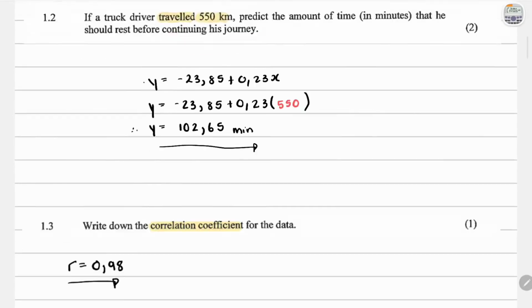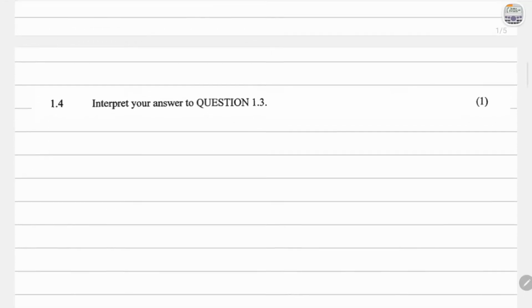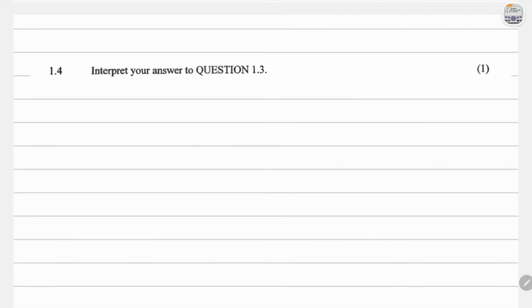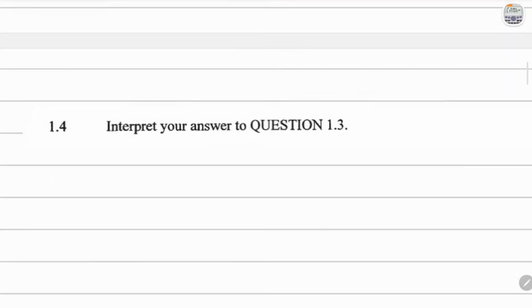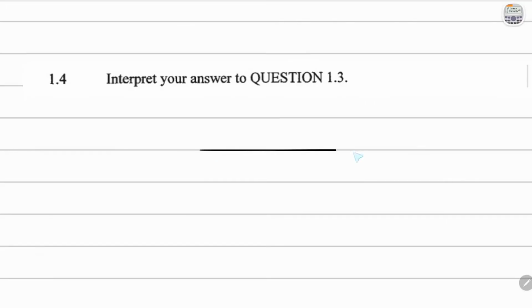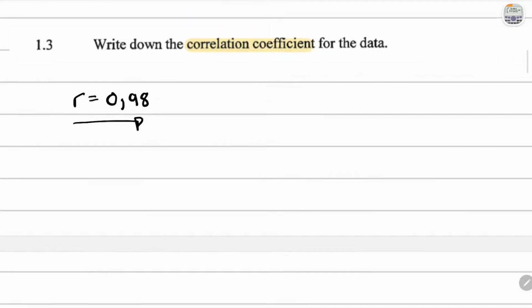But based on the correlation coefficient, we're going to have to comment on this. So we're going to comment on the strength and the direction of the data. So because it is 0.98, that is quite close to 1, okay, and it's past 0.9. So it suggests that this is going to be a very strong correlation, but also notice that this number is positive.